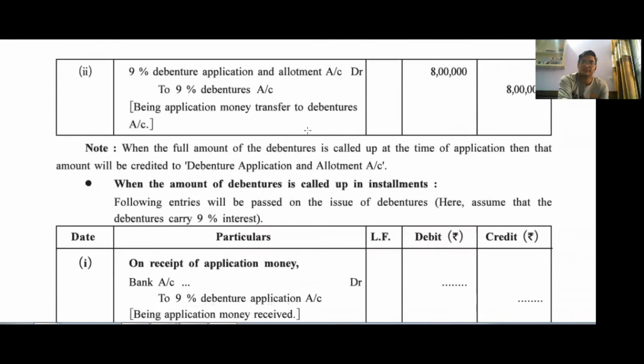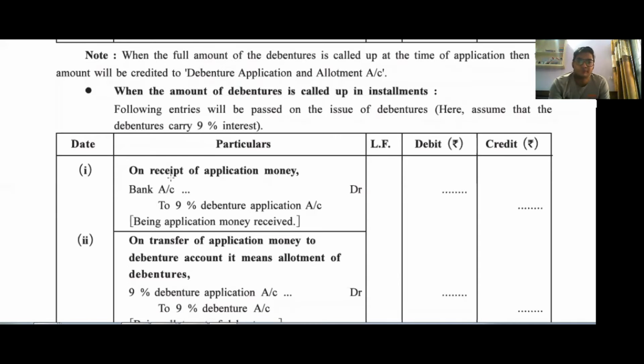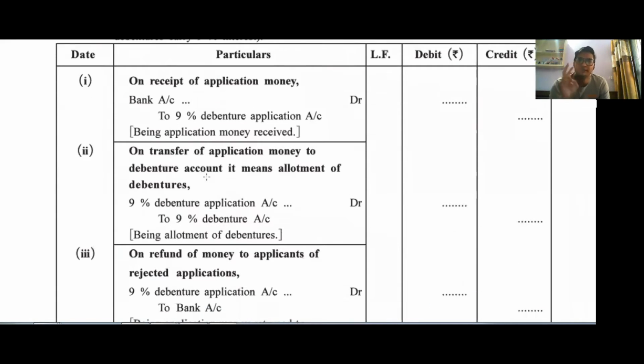Then, if debentures are issued with different installments, there are two entries for each installment.